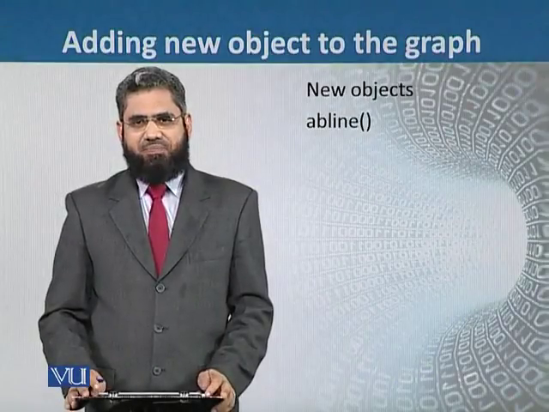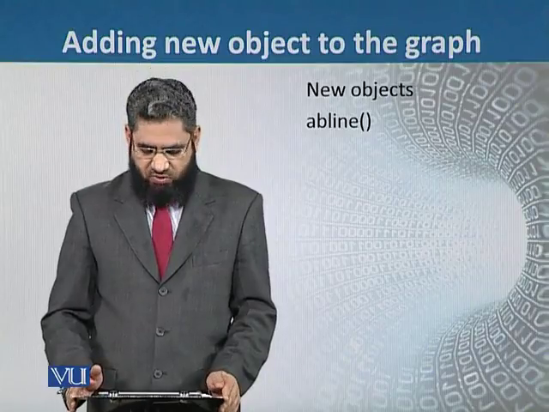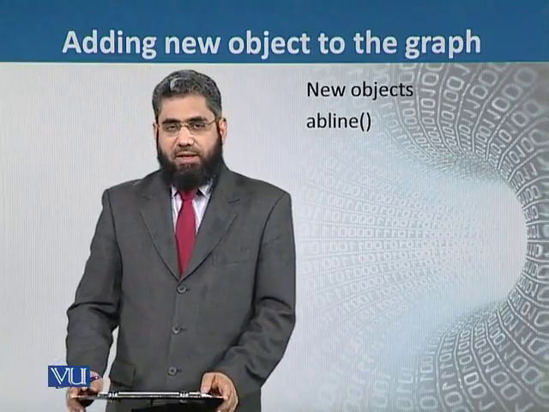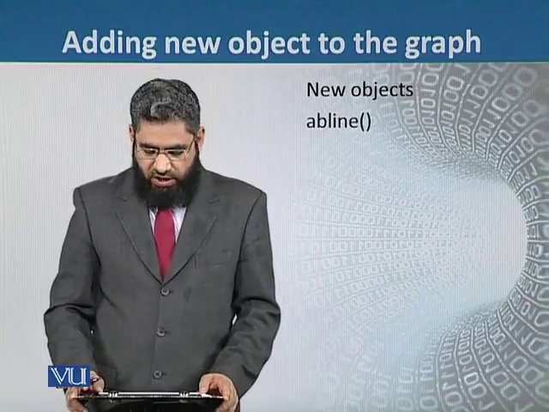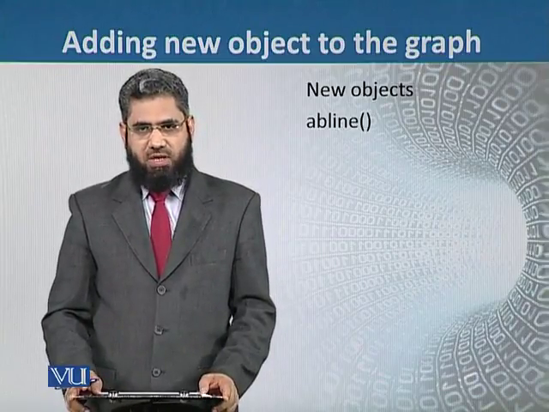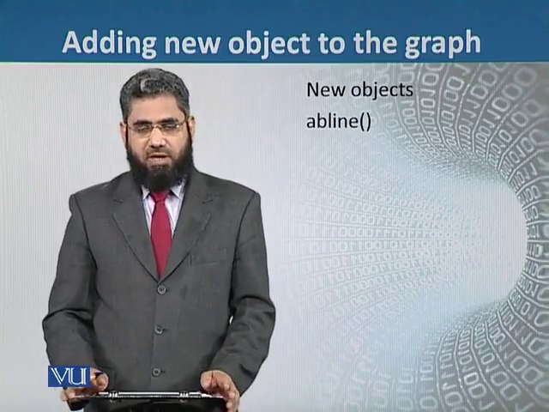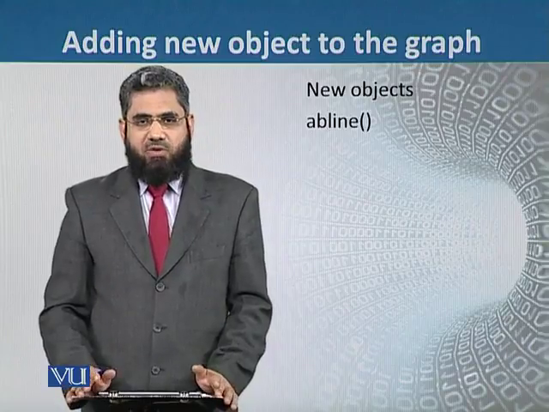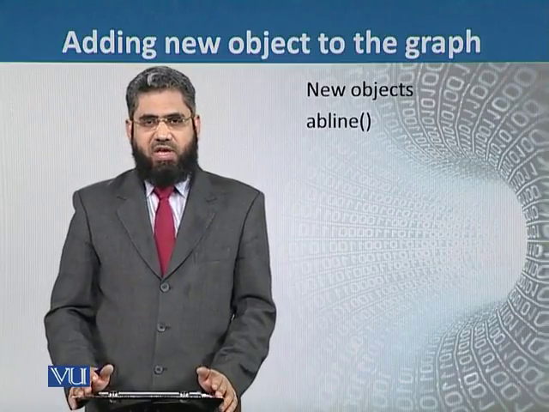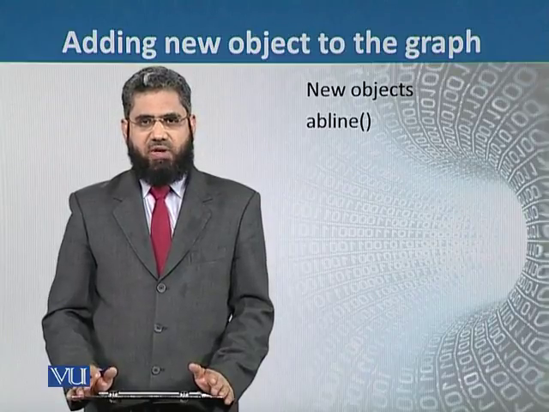Using the R program, we can plot different types of graphs, and in the graphs we can also add new objects. For example, if we use the command abline(), we can add lines at very specific locations within the graph.